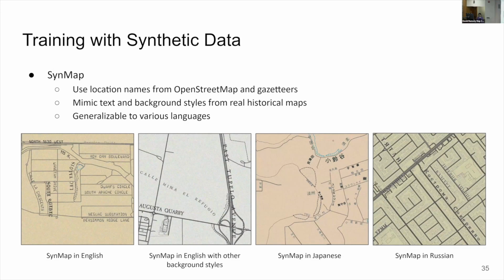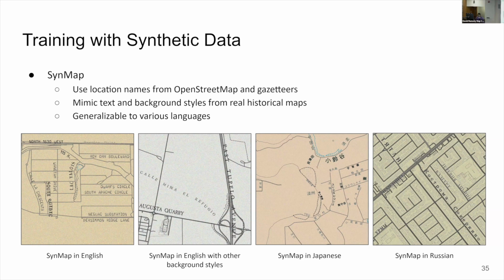So I would like to talk more about our synthetic map datasets. This is really important because to train a machine learning model, we typically need a lot of training samples, and manual annotation will not be able to do that. So we create a synthetic map dataset to use the location names from other datasets, such as the OpenStreetMap dataset or historical gazetteers.